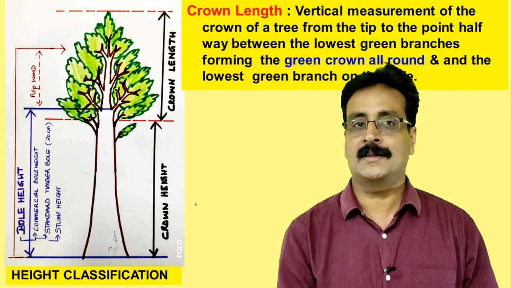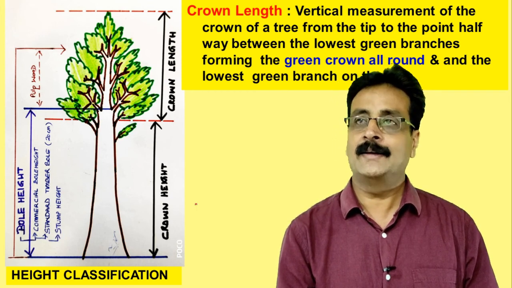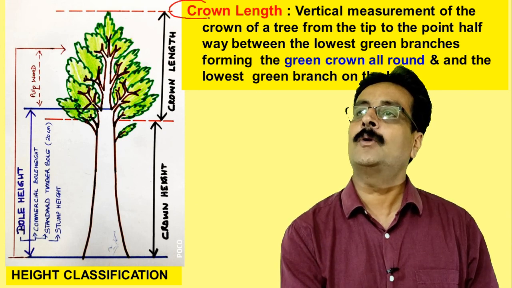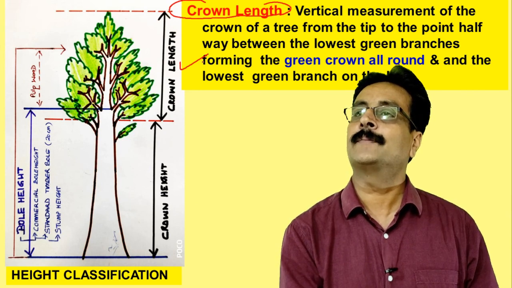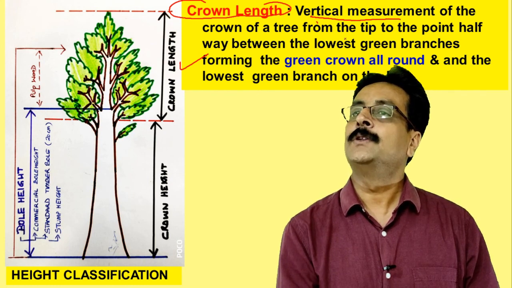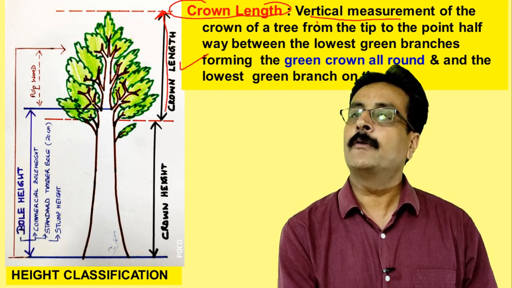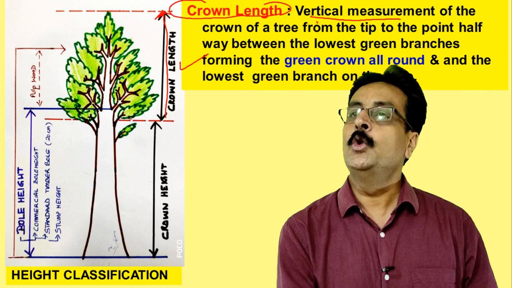Now again, there are two terms we should know when we classify the height. One term is called crown length. This crown length is the vertical measurement from the tip to the halfway. When I say halfway, which halfway?